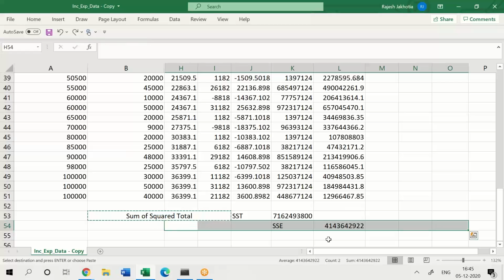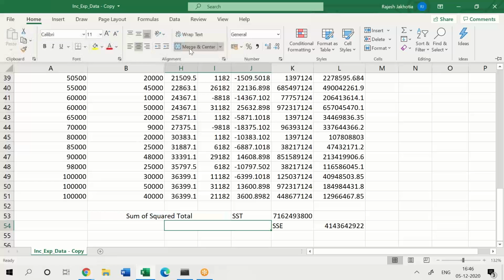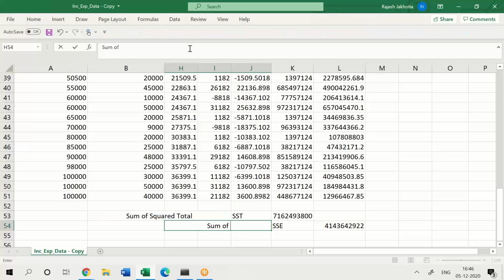So this is sum of squared error. This is also called residual sum of squares.